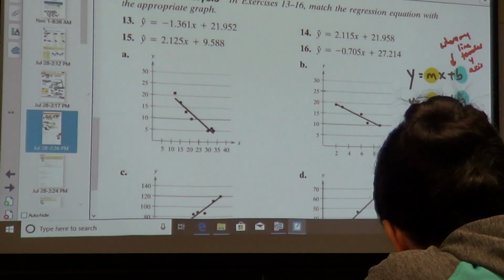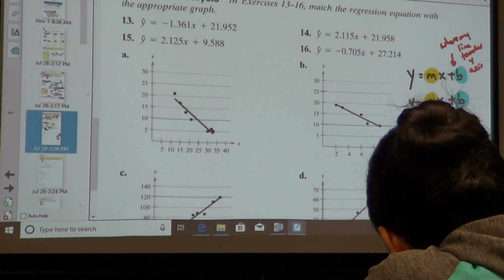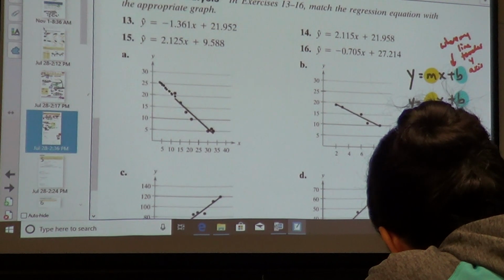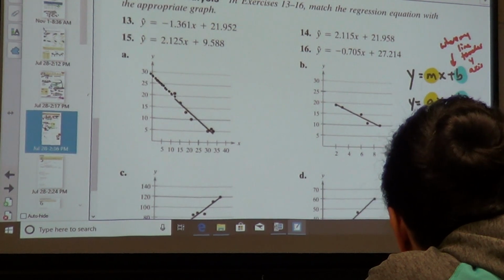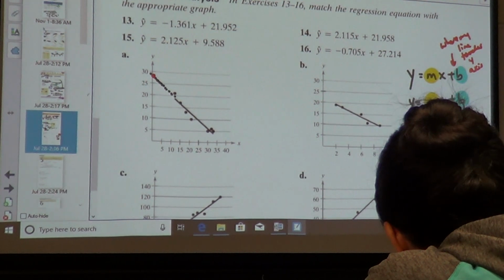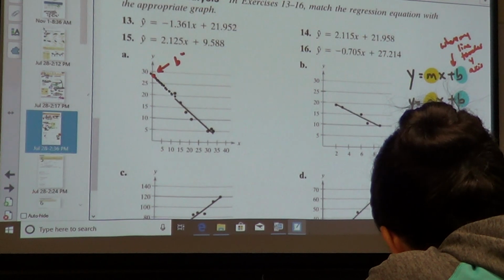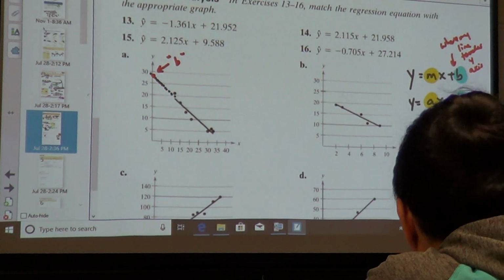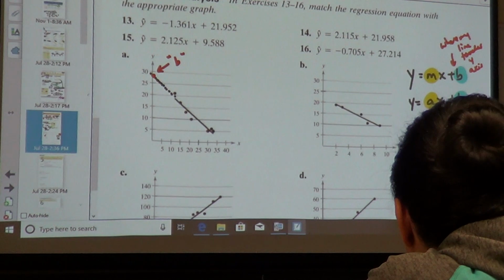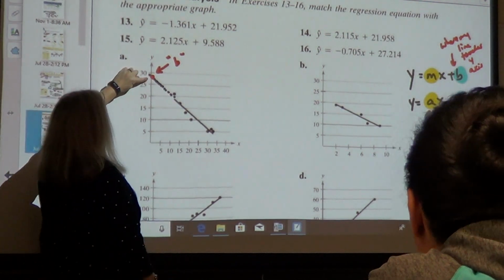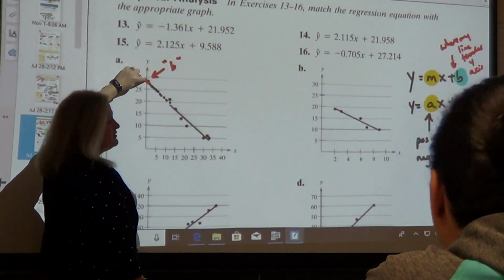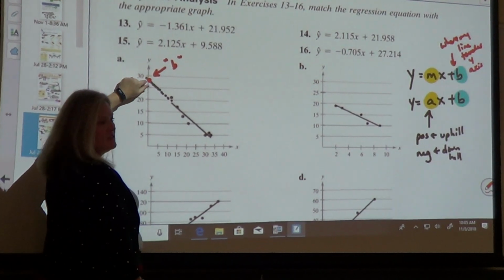For example, if I extend this line, that would be my B, that number. So, this touches about at what number? 30? A little less than 30?